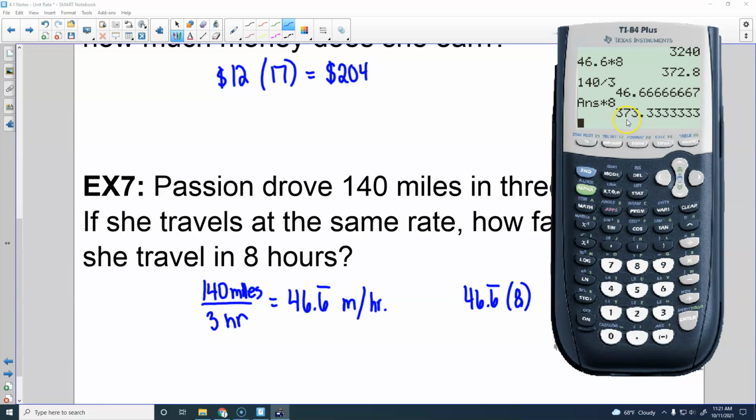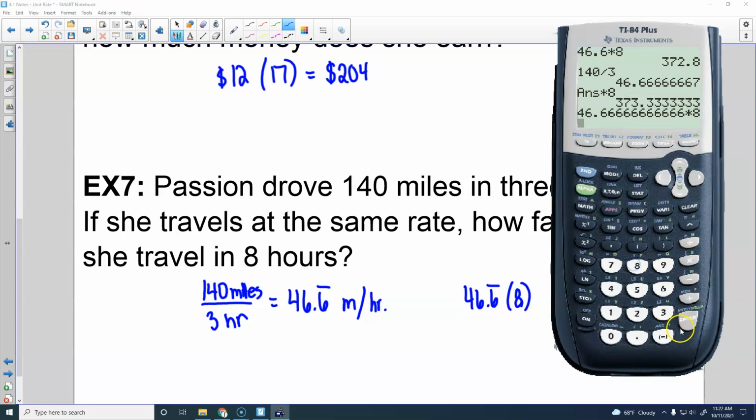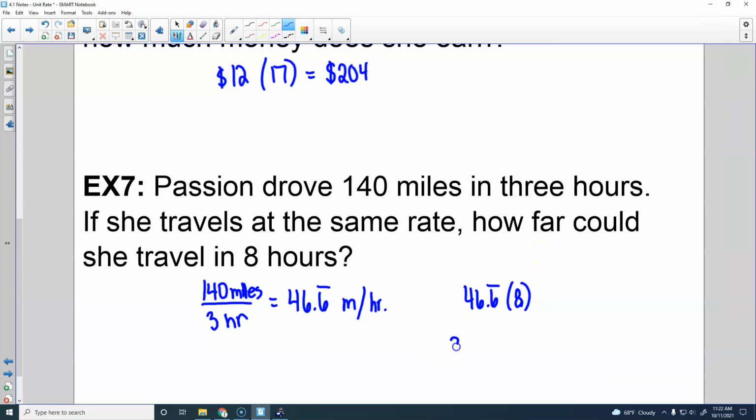And that will give you 373.3 repeating, which is correct. You haven't rounded off and lost the 0.4 miles that was there. Or the other way you can do it, if you have a repeating decimal, just type in a bunch of 6s before you hit times 8. That will work also. So we got 373.3 repeating miles.